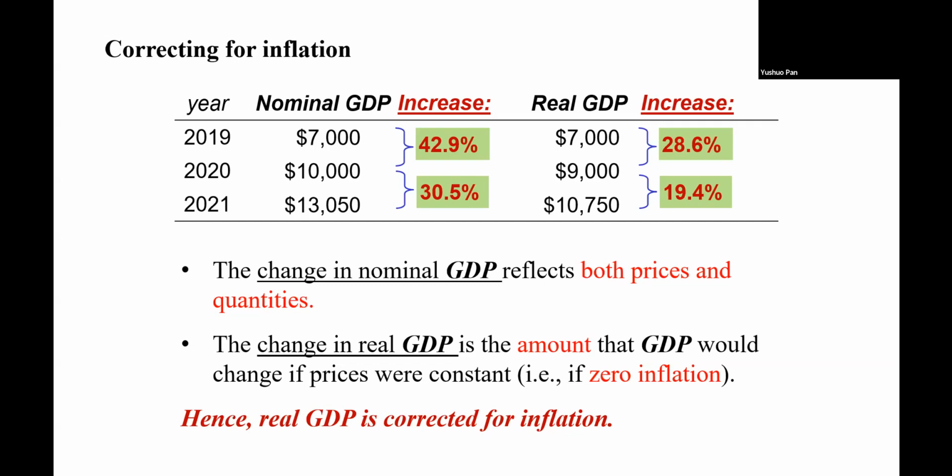That's the inflation, right? So for real GDP, usually we assume that there is zero inflation, only quantity change. Hence, real GDP is corrected for inflation, but nominal GDP isn't, because nominal GDP uses the current year prices.